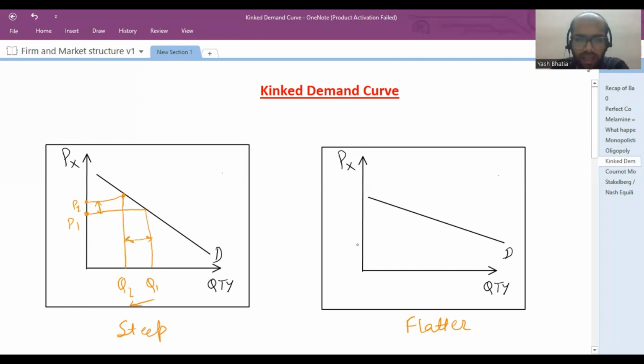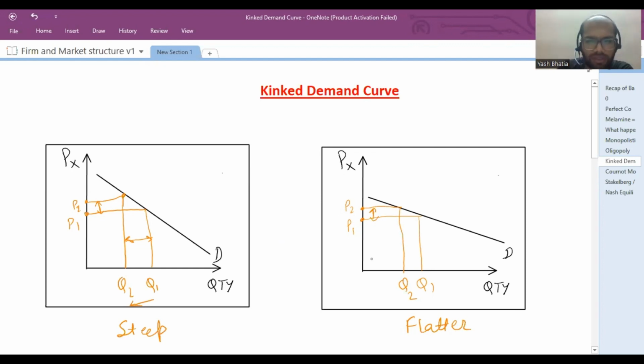In the similar case, in this diagram, let's say I'm operating at this P1, and at this P1, this is my quantity demanded. So what happens if I have a similar increase in price here also, let's say P2, and I draw my quantity demanded, then this is approximately Q2, the fall in quantity when I increase the price by the exact same amount as in the left curve.